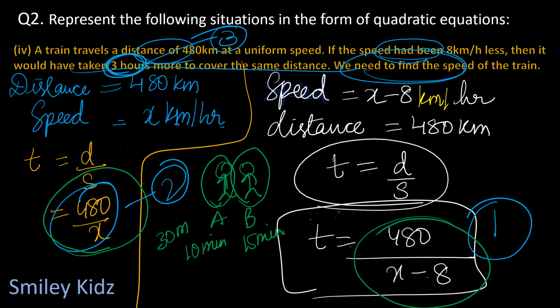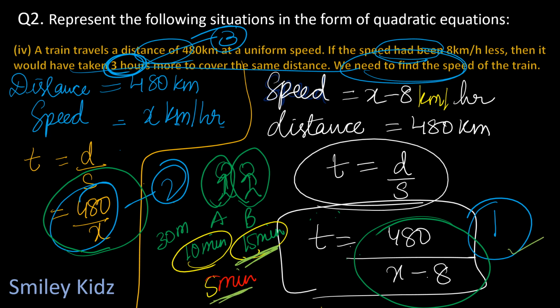So what will be the difference? The difference would be 5 minutes, isn't it? 15 minutes minus 10 minutes, which is 5 minutes. And here we know that the person B has taken the highest amount of time. Hence, we are doing 15 minus 10, which is 5.